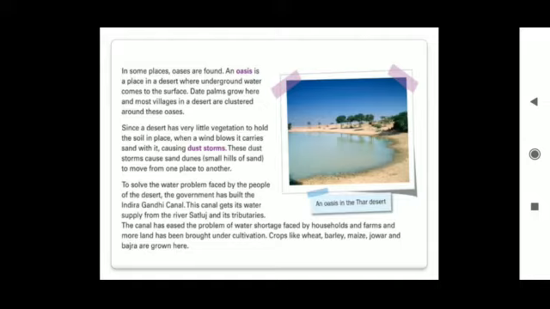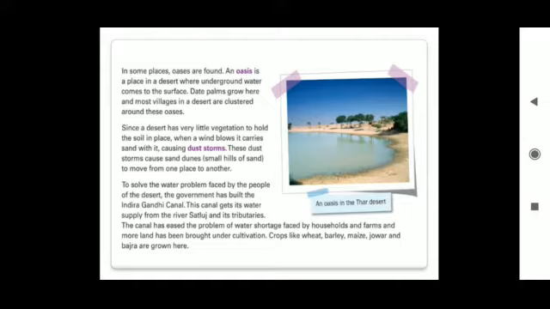This canal gets its water supply from the river Satluj and its tributaries. From where does the Indira Gandhi Canal receive water? Or what is the source of water of the canal? It is river Satluj and its tributaries. The canal has eased, eased means solved, made it easy for people.